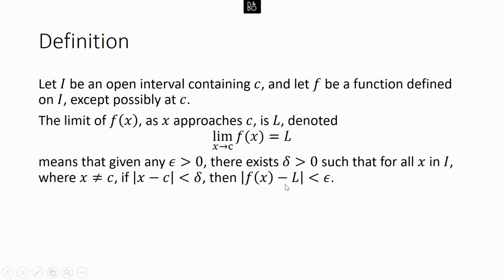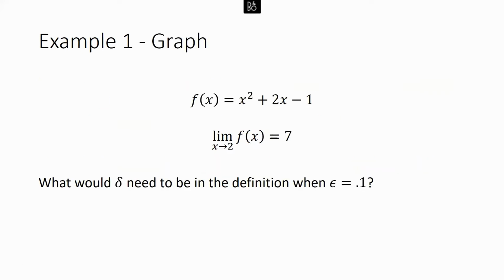So it's saying if we want all of our outputs within 0.1 of the number 7, how close should our inputs be to the value of 2? So let me do this through a graph.